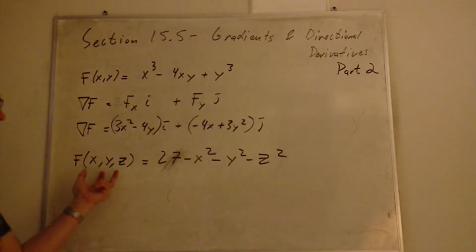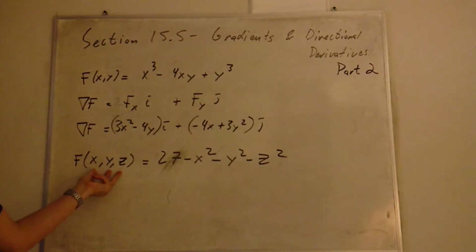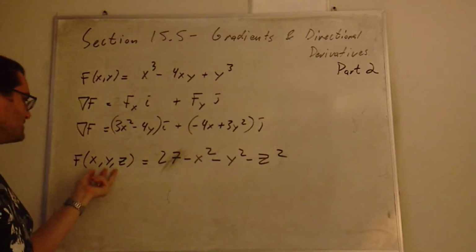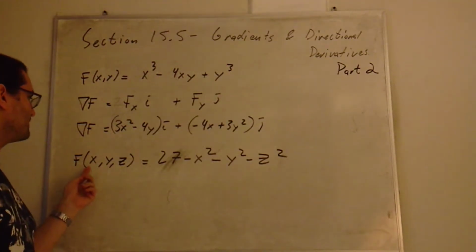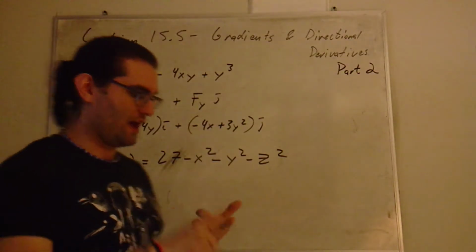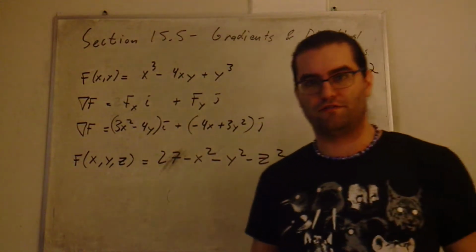So now we have an even higher dimensional function. This is different from the functions we've dealt with before because now F is a function of x and y and z. So now, in this function, x and y and z are all independent variables.